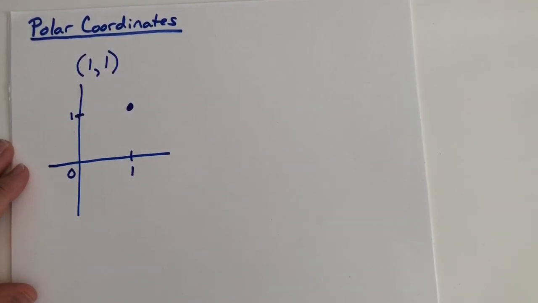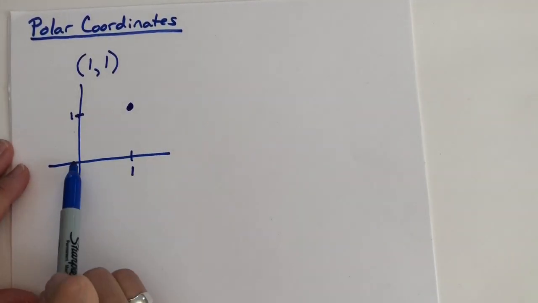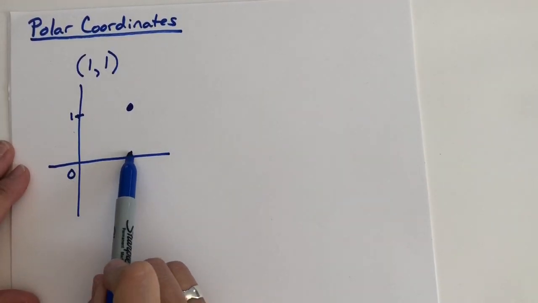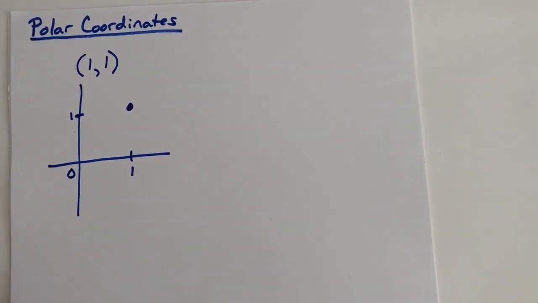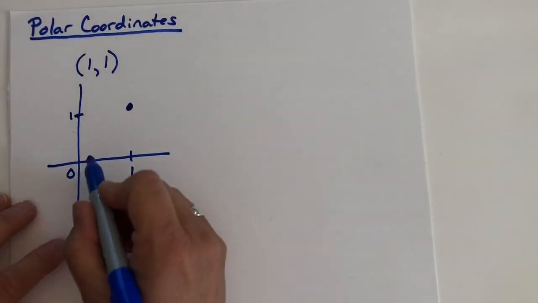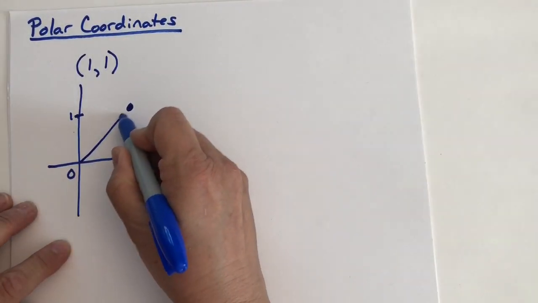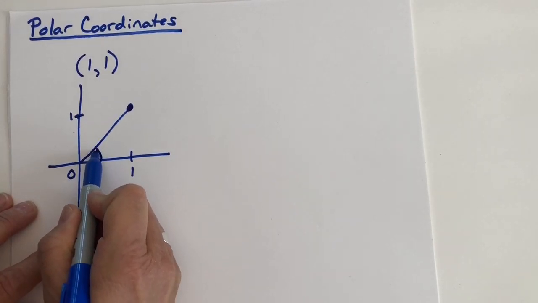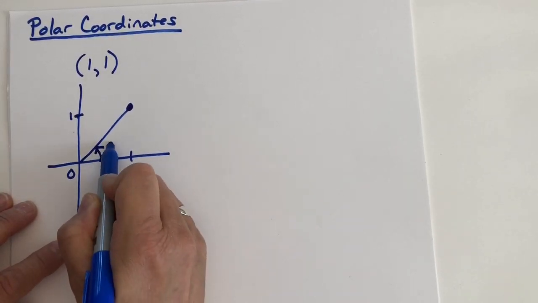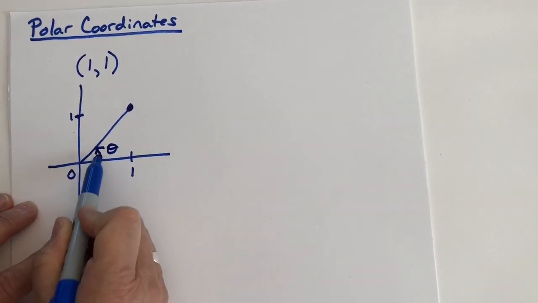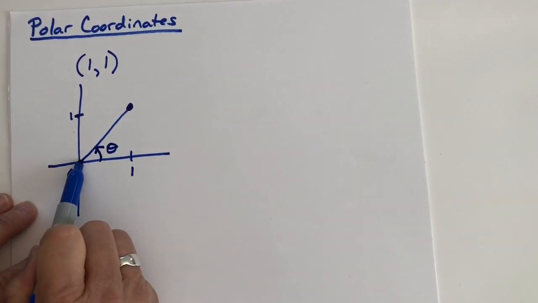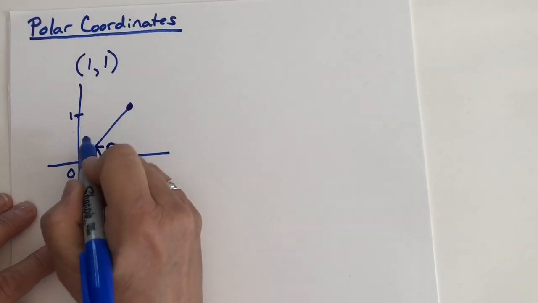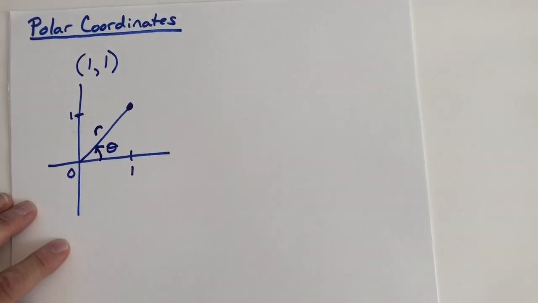But consider this. There's another way to describe this point. Instead of moving 1 unit in the x direction and 1 unit in the y direction, we could instead consider turning in this direction, and we'll call that direction theta, and moving from the origin out to that point r units.